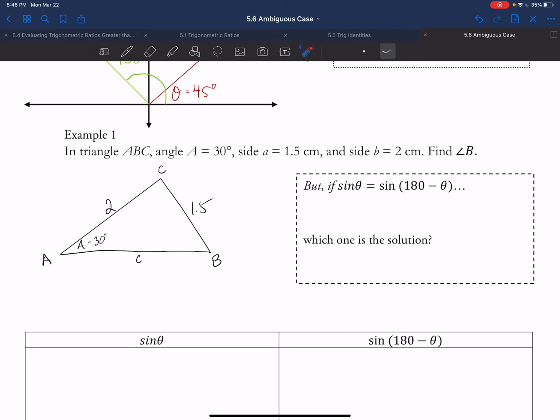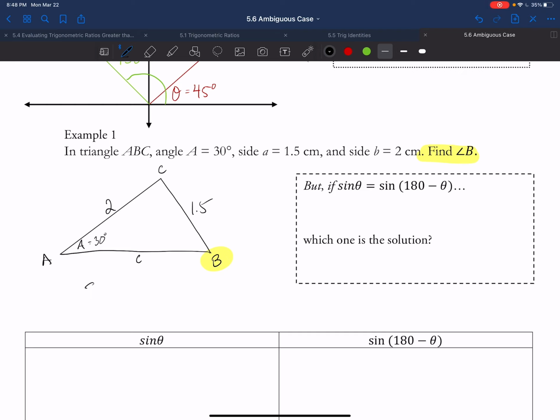Not yet anyway, we'll figure that part out. So what I want to do now is figure out what angle B is. And really, if I think about sine law, that's the only thing I can find out anyway. I don't know anything about angle C or side C, so I'm going to find angle B.